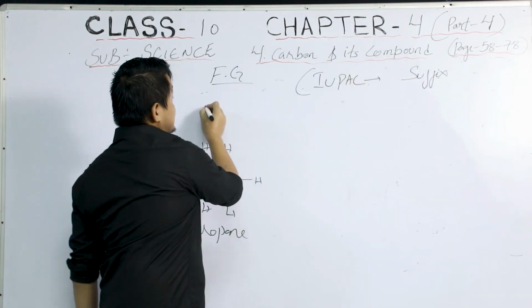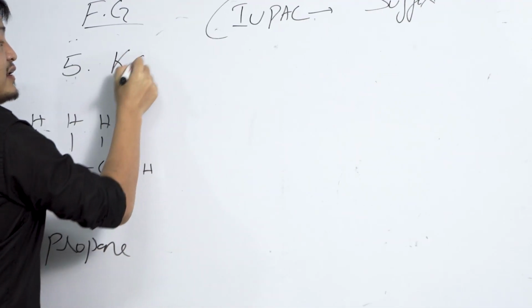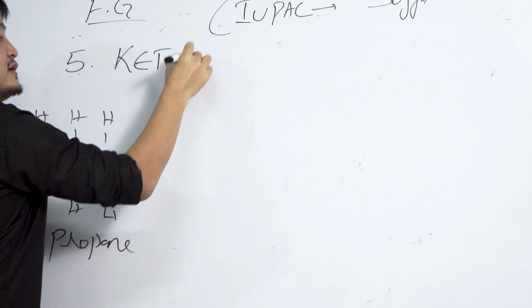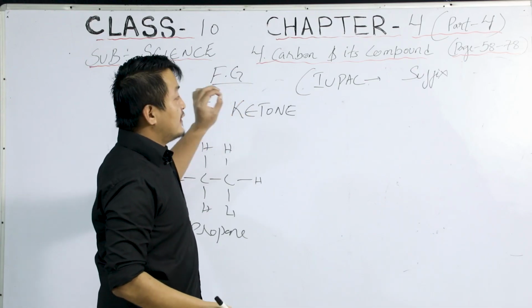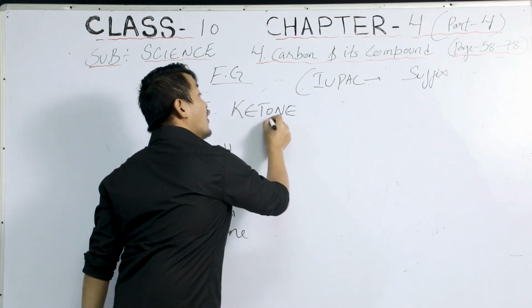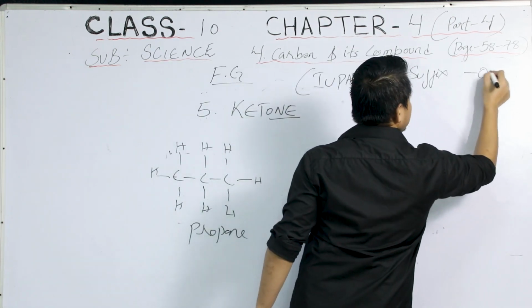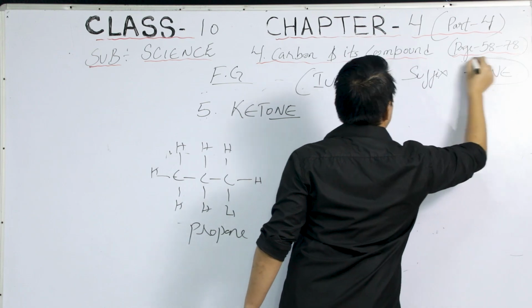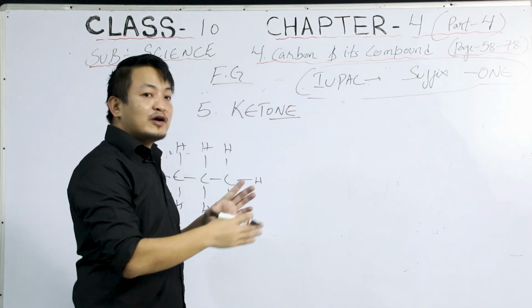So my dear students, the 5th type of functional group would be ketone. Now, if we have ketone as a functional group, the suffix will change to ONE.